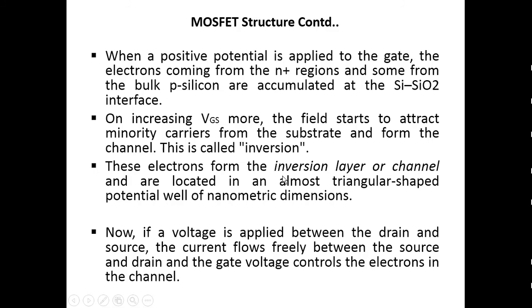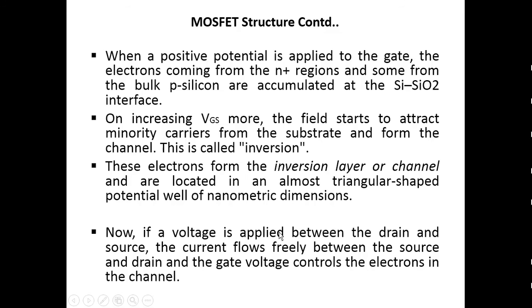The electrons form the inversion layer or channel. The electrons accumulated at that region from the N positive source and some of the minority carriers in the p-type cause the formation of the inversion layer, which contains the charge carriers and forms the channel. That is what is called the inversion channel.